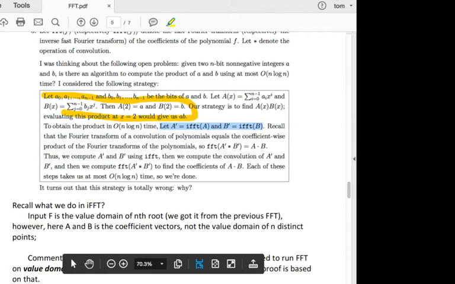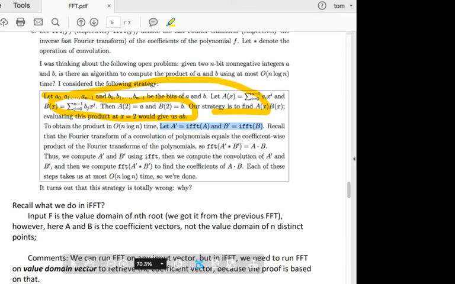For this part, no problem. If we can do it, of course we can just substitute x by 2, and we can get a times b. However, the problem is here.